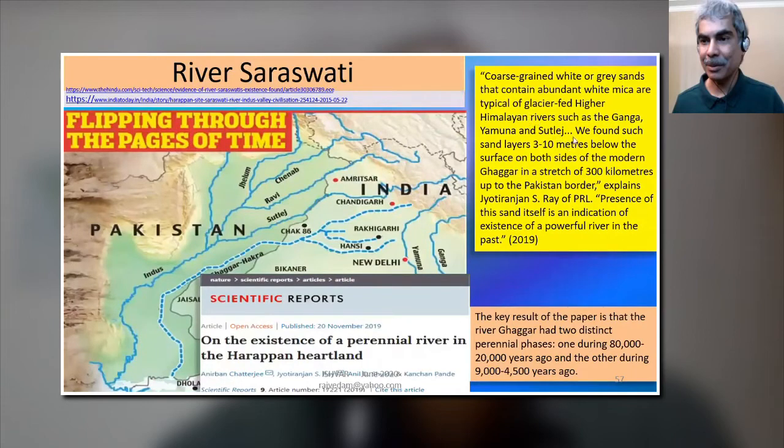And they find typical of glacier-fed rivers in sand layers 3 to 10 meters below the surface of the modern Ghaggar in a stretch of 300 kilometers up to the Pakistan border. In other words, not a small stream. It's not a small lake. 300 kilometers long. That's a river we're talking about over here. So they're calling out that, yes, there existed this river over here.